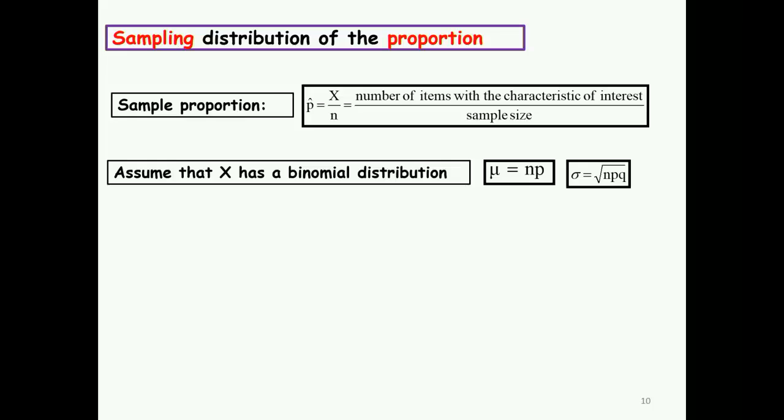Because the population mean, we don't know. The population standard deviation is given. Population mean is not known. So how do we apply a sample to say something about the population? Here, we are using a sample to say something about the population. And when we want to say something about the population, we depend on the sampling distribution concept.